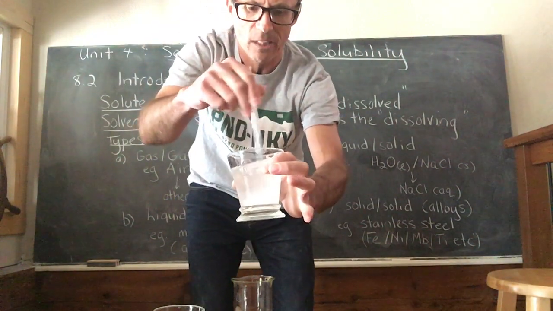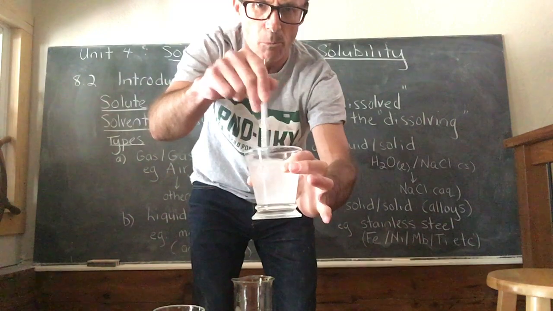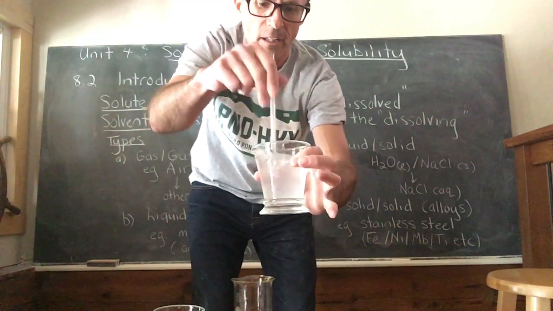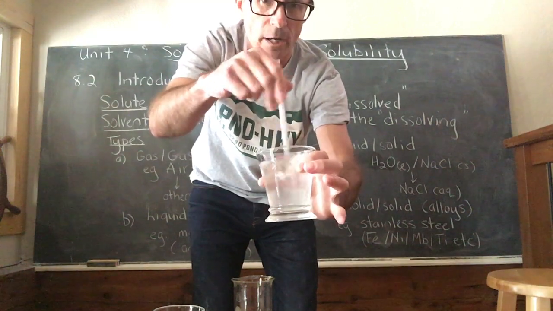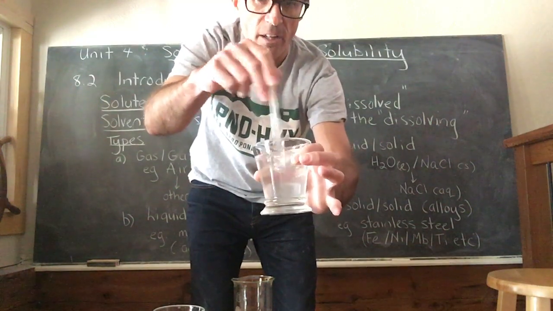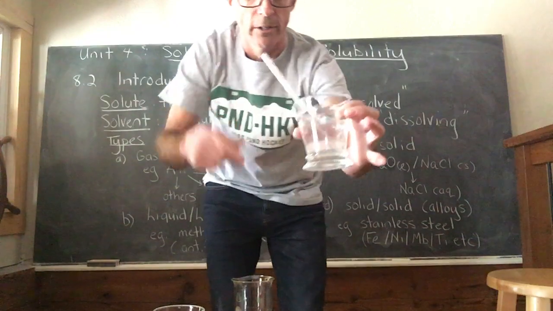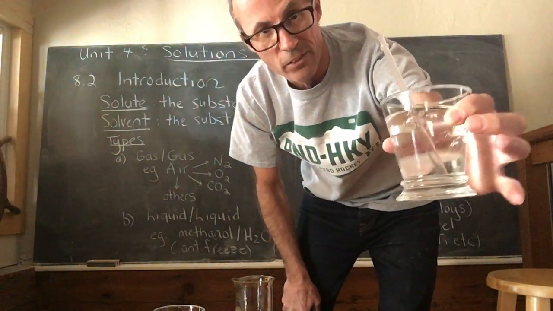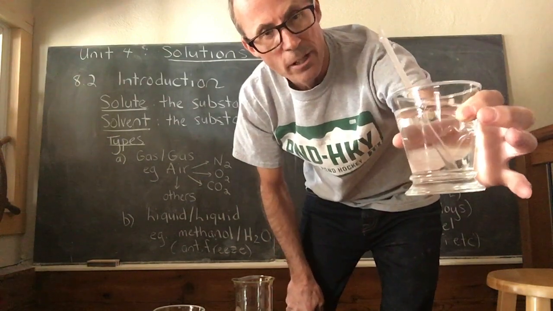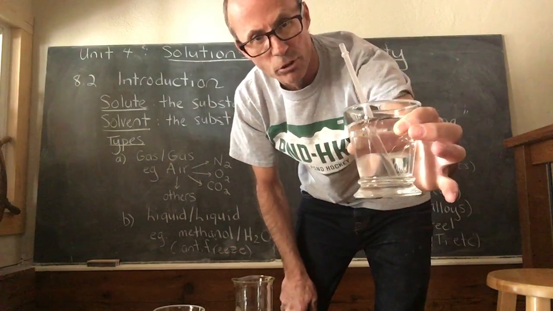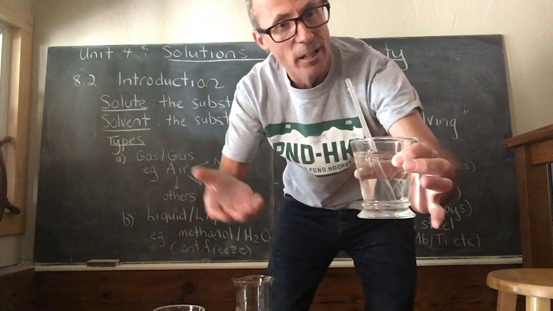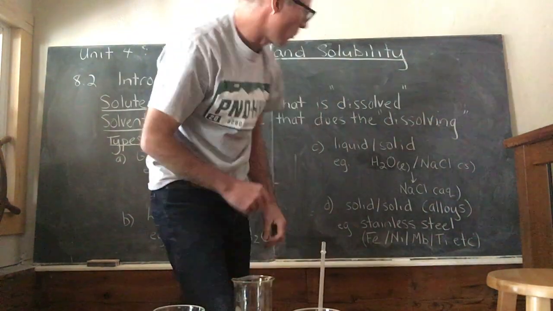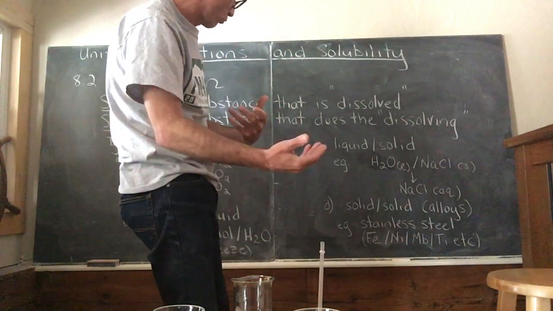Obviously, we can see that it takes a little bit of effort, but salt and water is quite an easy solution to prepare. Salt is very soluble in water, right? We know from earlier in the course that group 1 ions like sodium are always soluble. So very easy to make a salt solution, isn't it? Sugar and water, another good example. So that would be a good example of a liquid-solid solution.